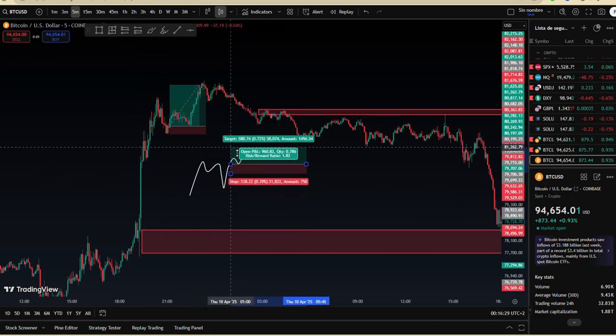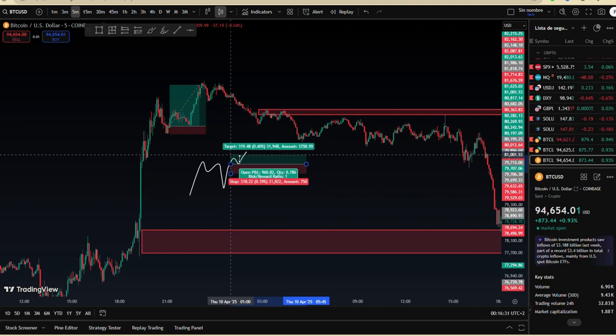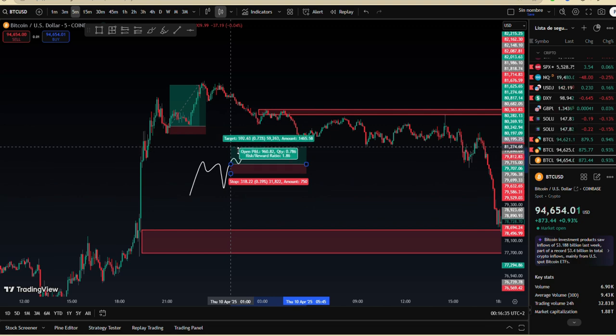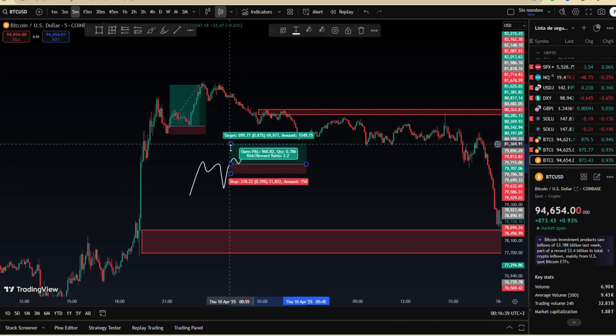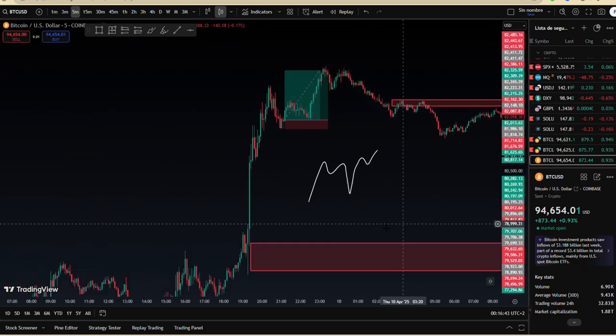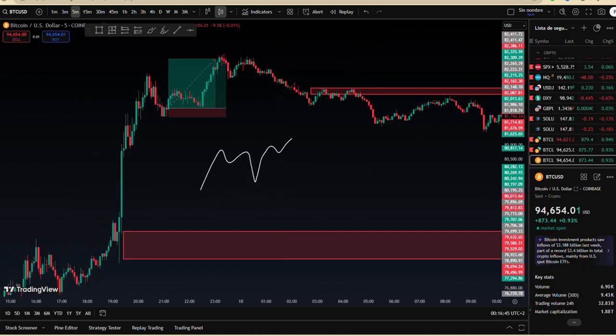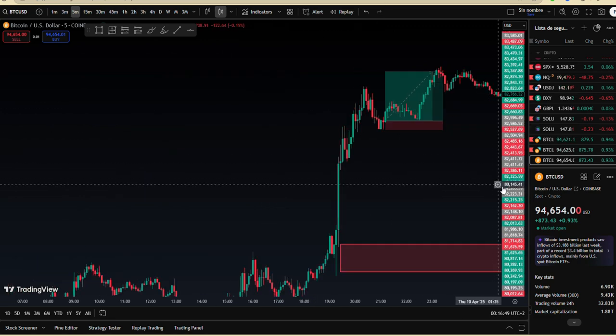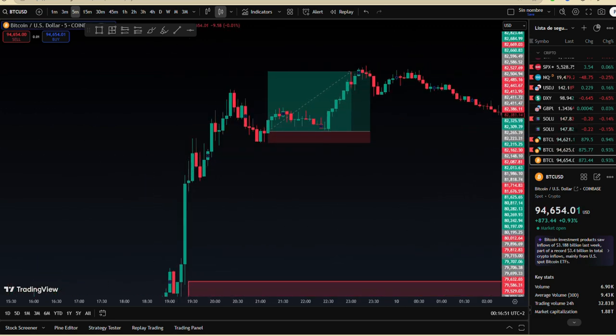It's not highly probable for a long term 1 to 1 risk to reward ratio, but you could definitely win this. In fact, you could even win a 1 to 2, a 1 to 3, a 1 to 5, the whole shenanigan. Anyways, yes, it does work. However, it needs liquidity to fuel the move.